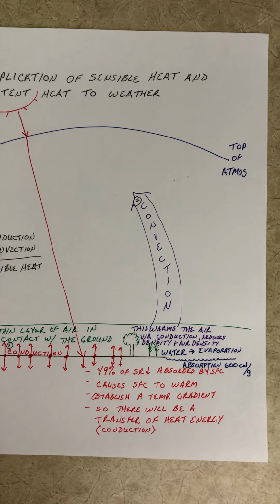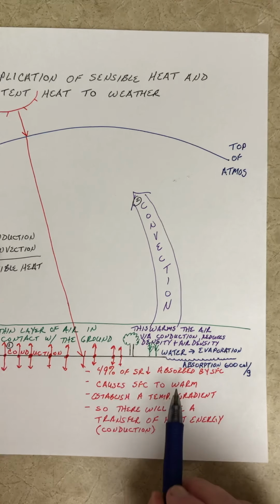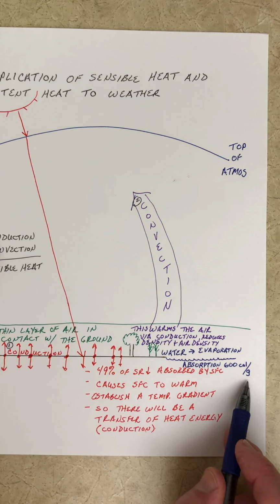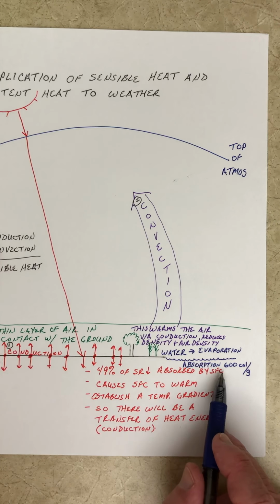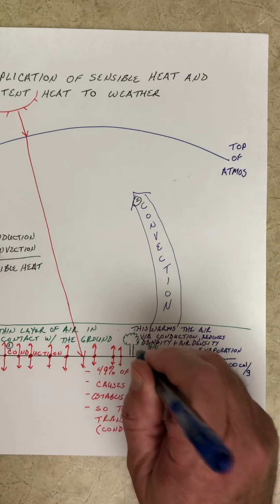Okay, so where is this heat energy then? Heat energy is being absorbed. 600 calories of energy per gram of water that's evaporated is absorbed, and it's contained in the water vapor.